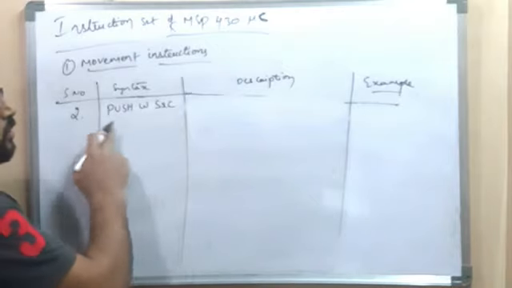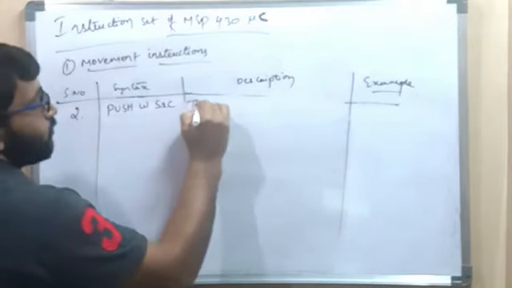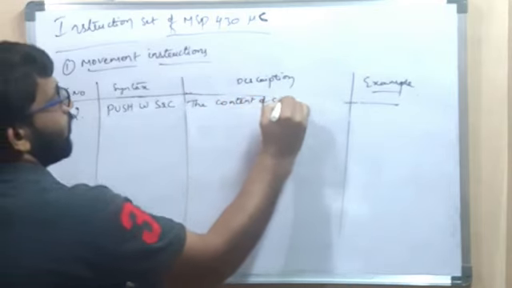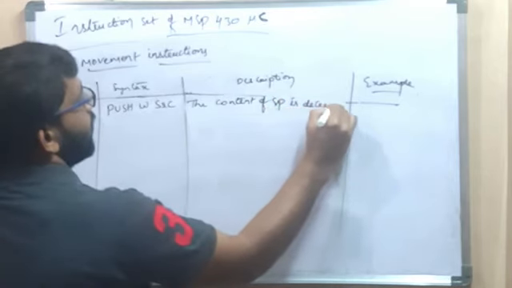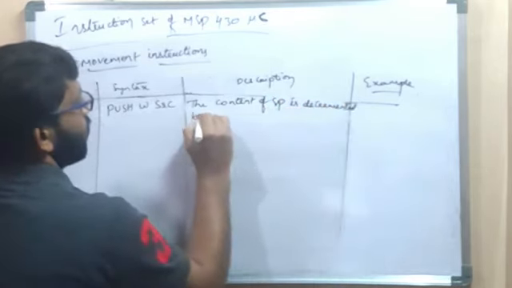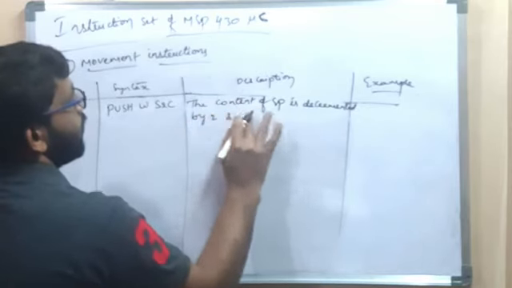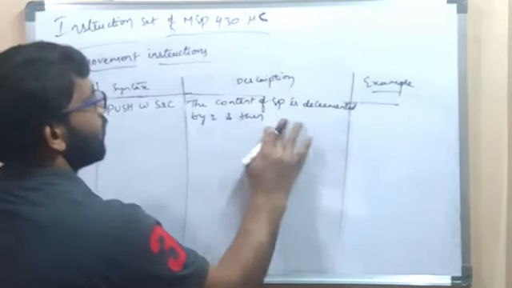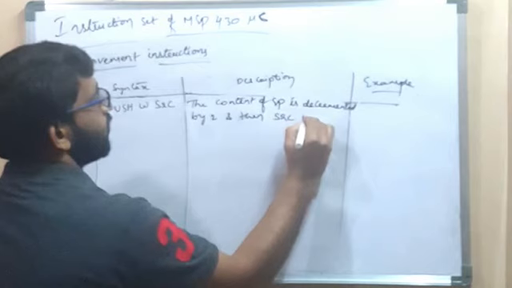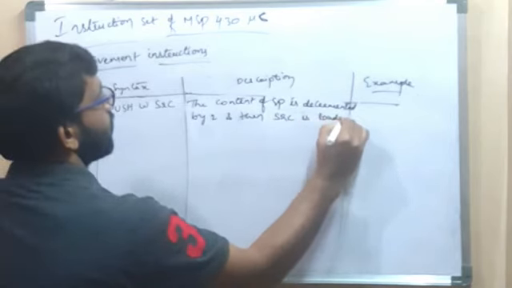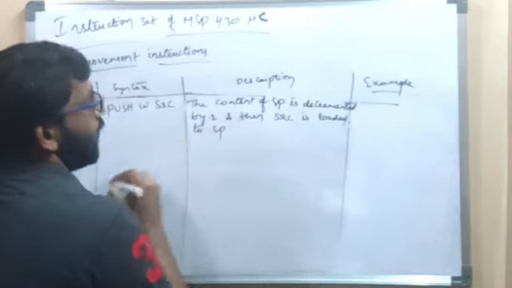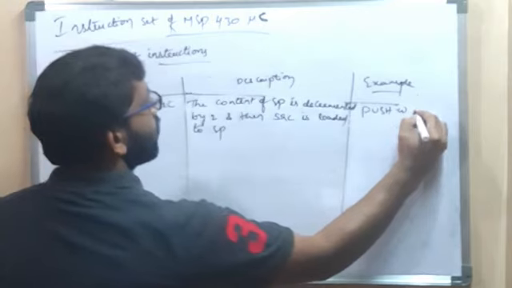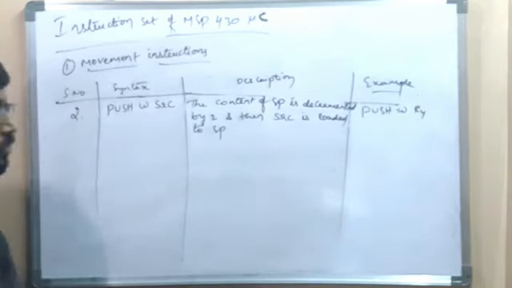So what is the function of this push instruction? Whenever the processor executes this instruction, the content of SP is decremented by 2, and then source is loaded to SP. Example, push dot w R4.